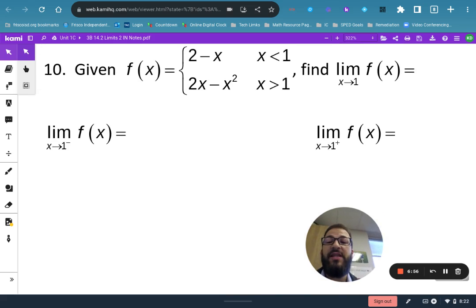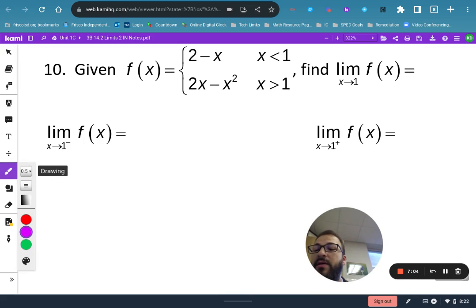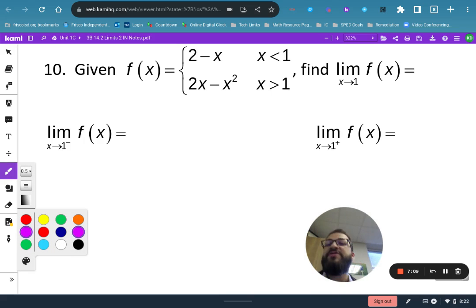To find the limit from the left, I'm going to start by plugging in a number just to the left of 1. A really great number just to the left of 1 would be 0. Now you might be asking, well, Mr. Arbone, I have 2 different functions to plug into. Well, I'm going to pay attention to the domain, and I notice that 2 minus x is my function for values of x that are less than 1.